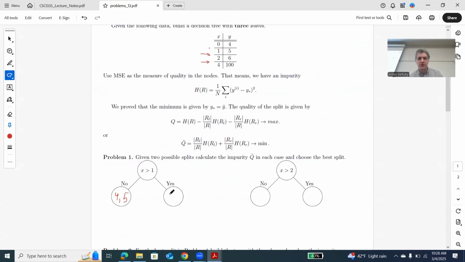And for x greater than 1, the y values will be 6 and 100. I can write also for x greater than 2, we will have 4, 5, 6. And 100.